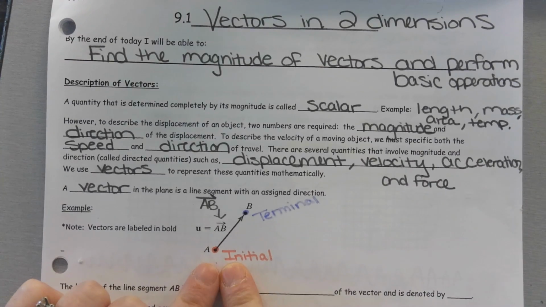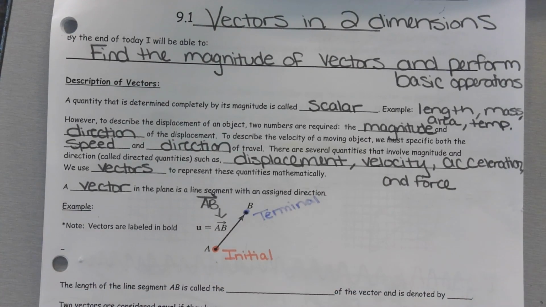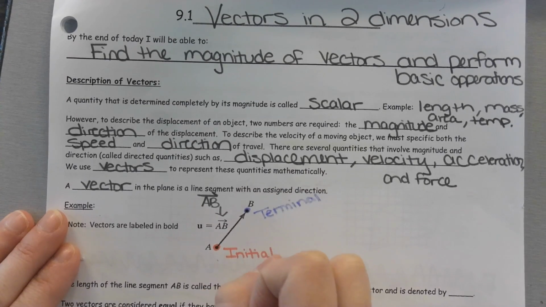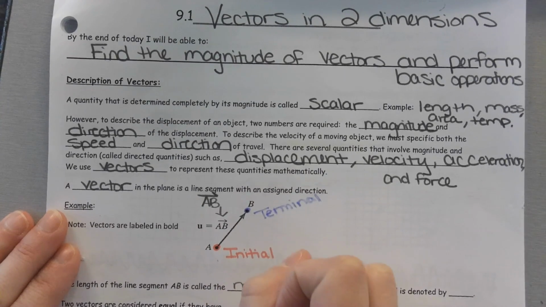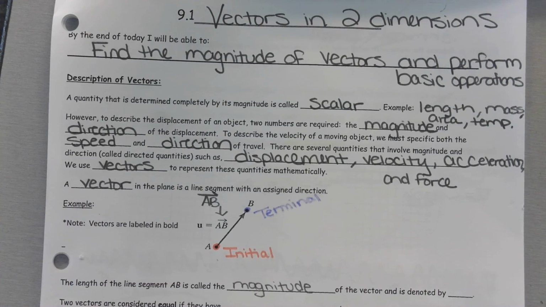So we have a vector in the plane. You're going to have an initial point, and you're going to have a terminal point where it ends, and you're going to have a direction of how you got there. The length of the segment is called the magnitude. Let me put that up a little higher so you can see it better.